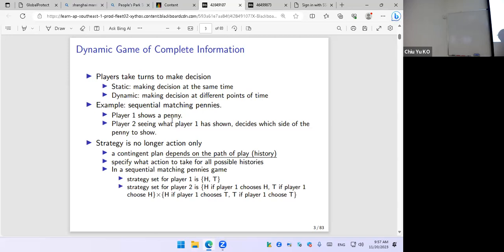What can be done for player 2, head or tail, is action. But strategy involves telling under all the history what can be done. Okay, we'll be more precise later, but for now look at strategy as a more complicated concept. Okay, so we have to distinguish between strategy and action.